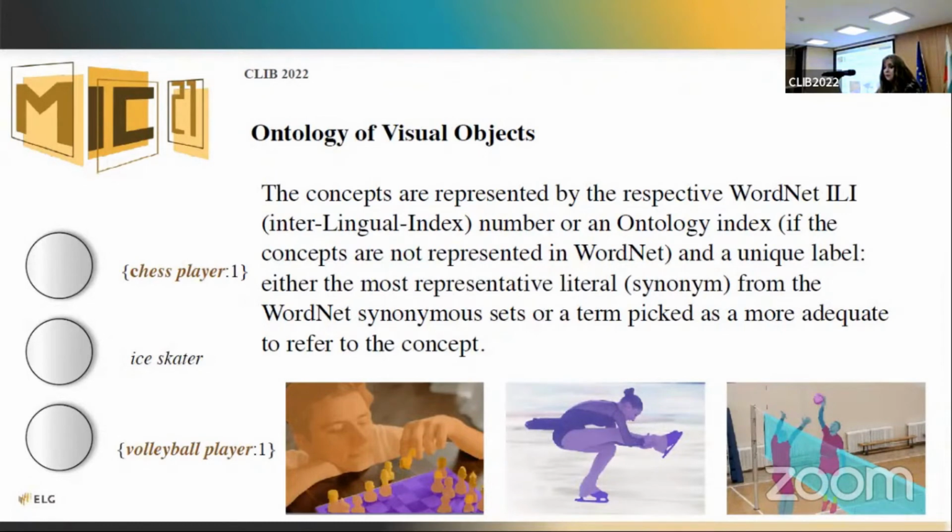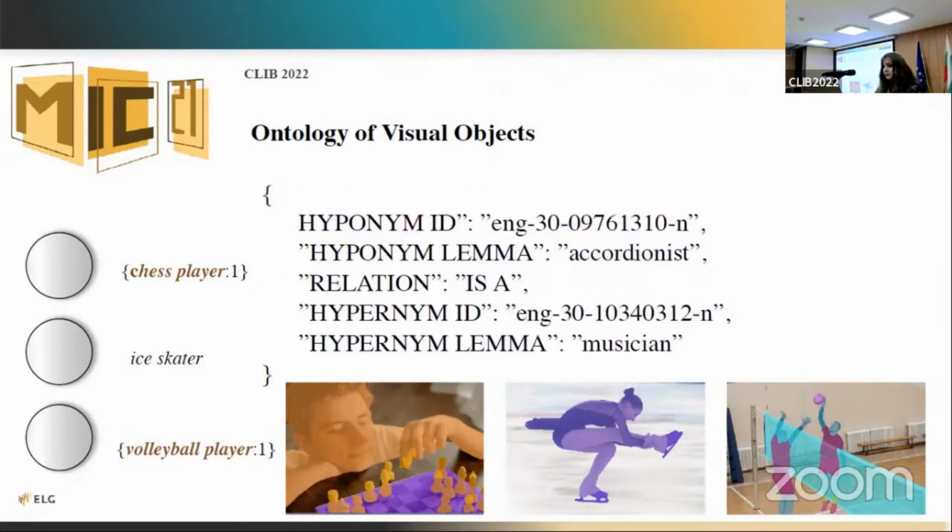Actually, for the format we use labels to name the concepts, and in the usual case, if the concept is represented in WordNet, we use one of the synonyms at the respective synonym sets at WordNet. If not, we have to decide between the possible candidates and pick such that adequately refers to the concept.